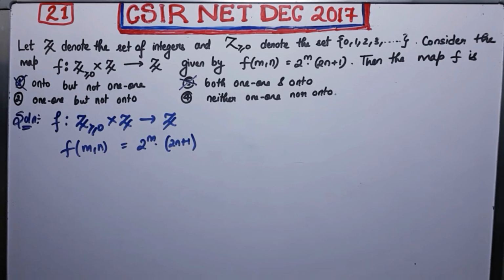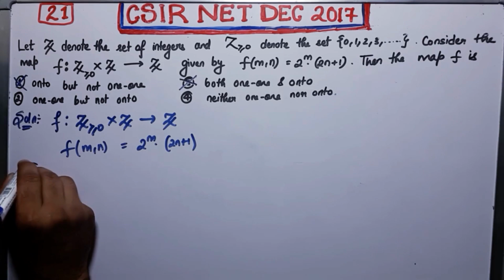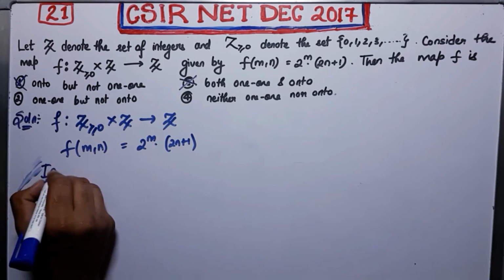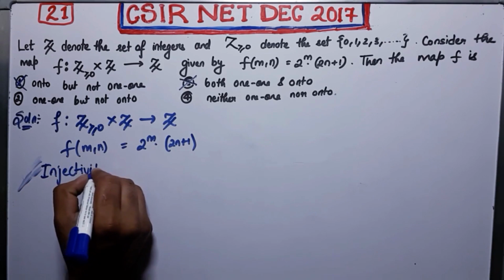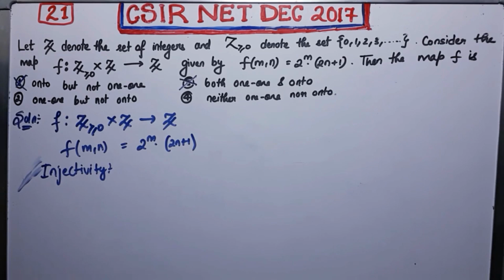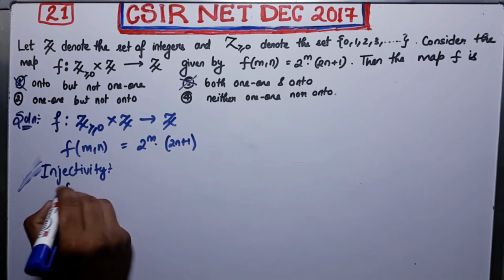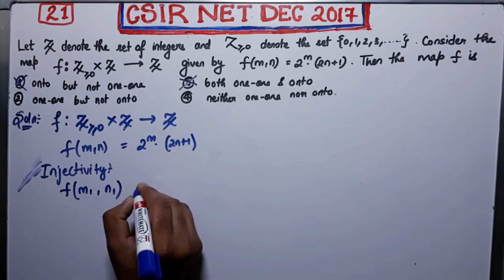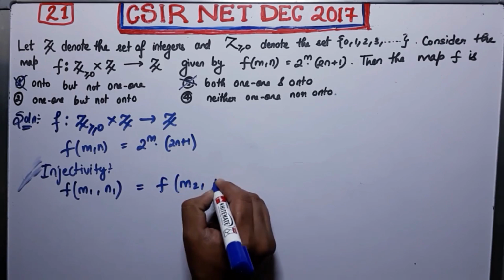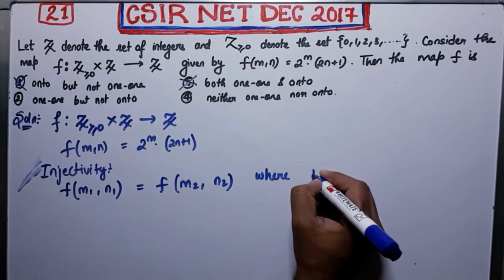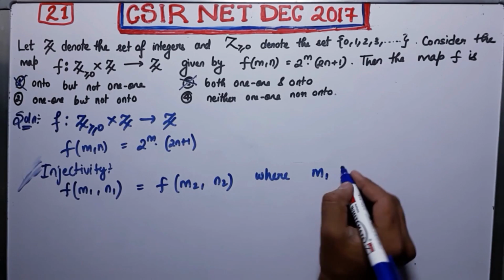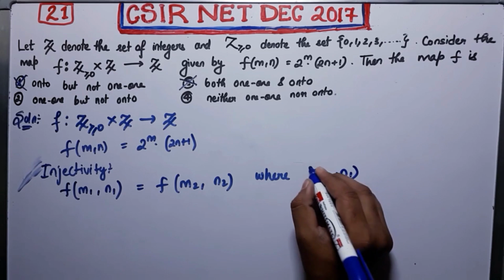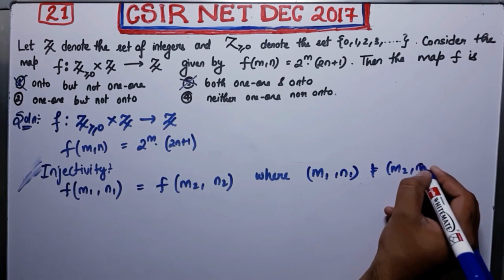Now you have to mark one of them, second and fourth. So for that matter you need to check whether it is 1-1 or not onto, right? So checking injectivity, right? This is what I am checking right now. Now suppose that f(m1,n1) is equal to f(m2,n2), where (m1,n1) is not equal to (m2,n2).